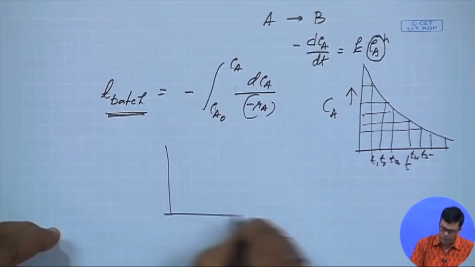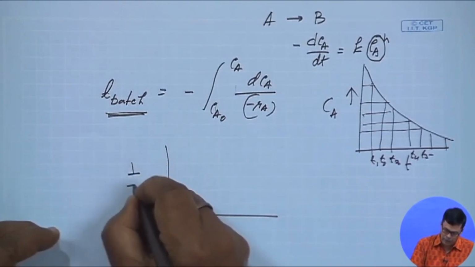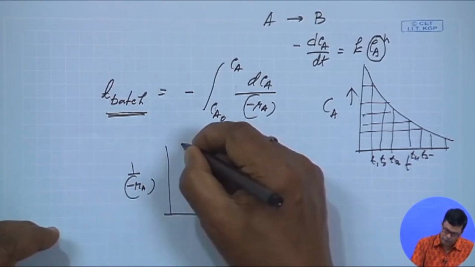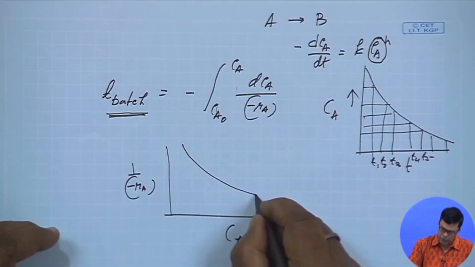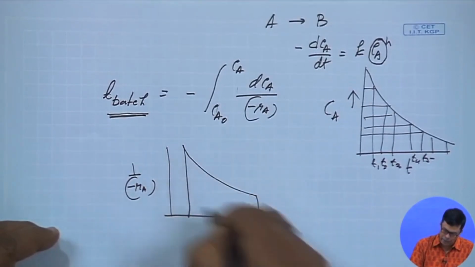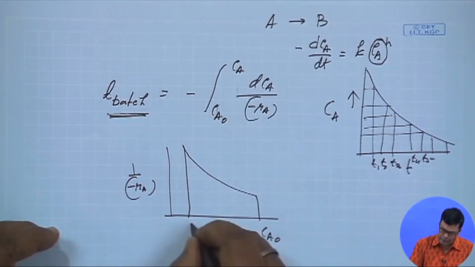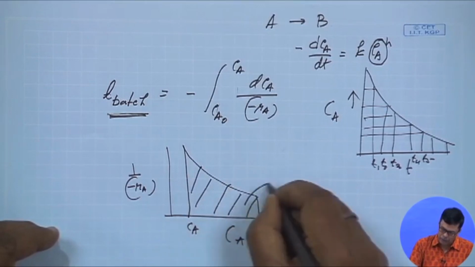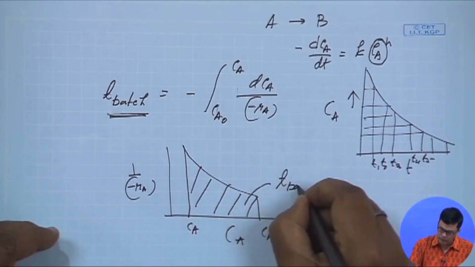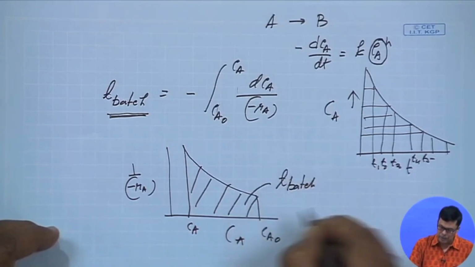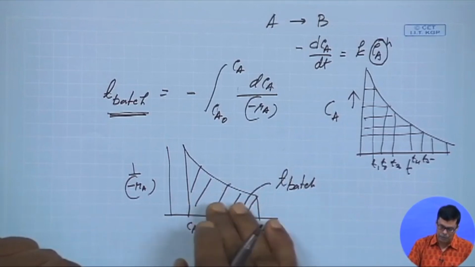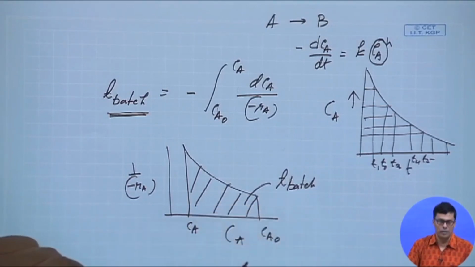We can plot 1 by minus Ra against Ca like this, and if the plot is like this, with Ca0 here and Ca here, then the area under this curve is considered as the T batch. So this is how we can easily find out graphically how the batch time can be calculated.